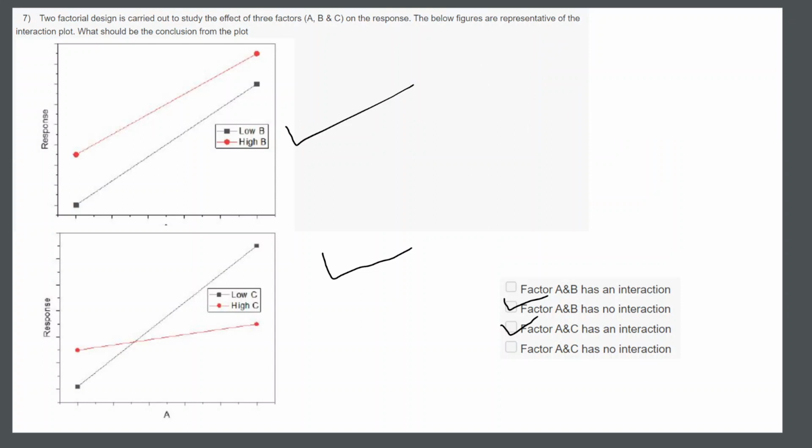Moving on to the seventh question. A two-level factorial design is carried out, and the effect of three factors on the response is being studied. The below figures are representative of the interaction, showing how the factors interact.